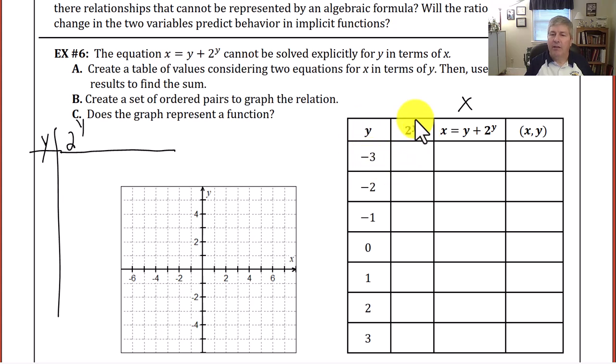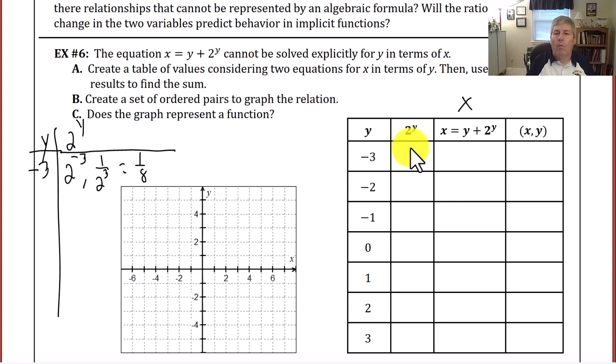So if y is -3, we have 2 raised to the -3, which is the same as 1 over 2 cubed, or 1/8. So rewriting what I have here on the left, 2 to the -3 becomes 1/8.